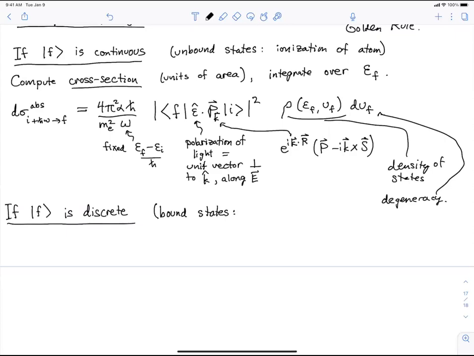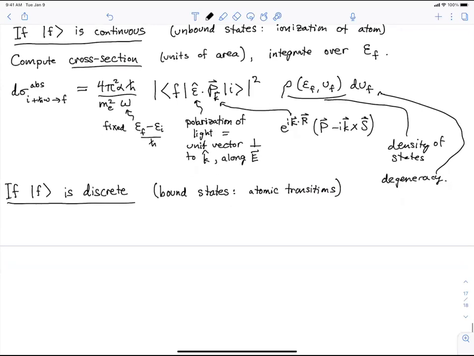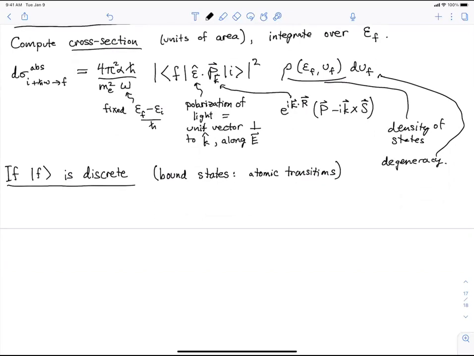So this would be what you would compute, for example, for atomic transitions. For example, if I start in the ground state of an atom and I go to the first excited state, that's a discrete state. And so I would use the formula that I'm about to write down. So in this case, it's more likely that instead of computing the cross-section, you're just going to compute a rate directly.